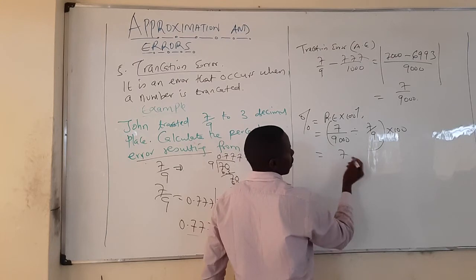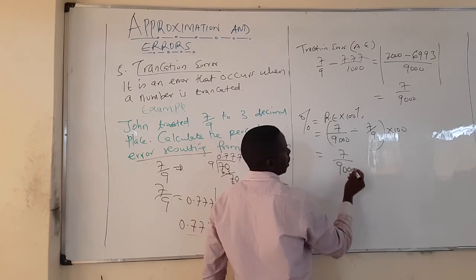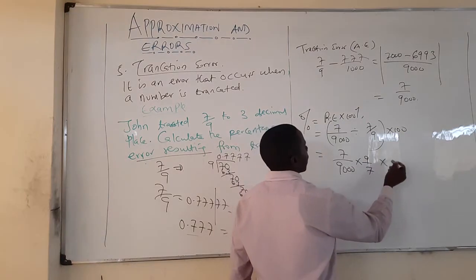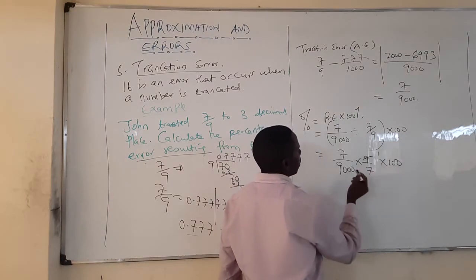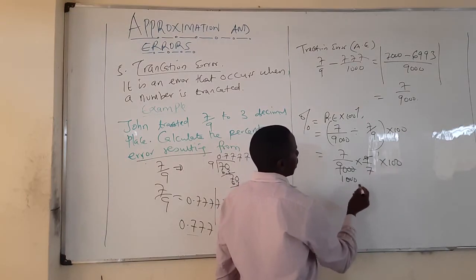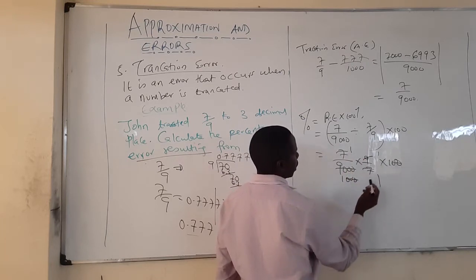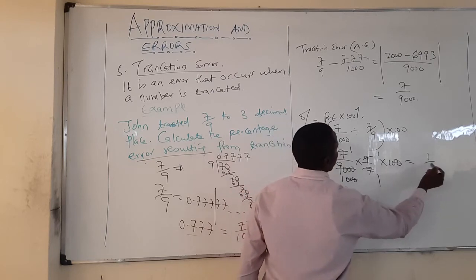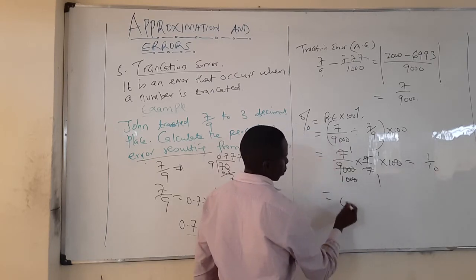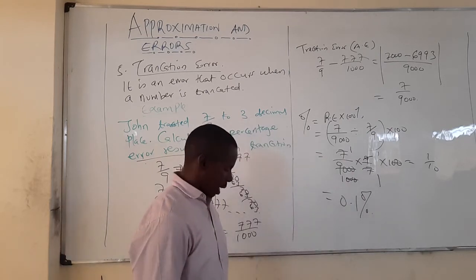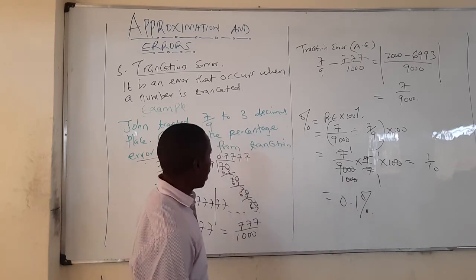This is going to be 7/9,000 times 9/7, then times 100. So 9 by 9,000, 7 by 7, 2 zeros go. So that is 1/10, which is equal to 0.1%. So that is the percentage error.